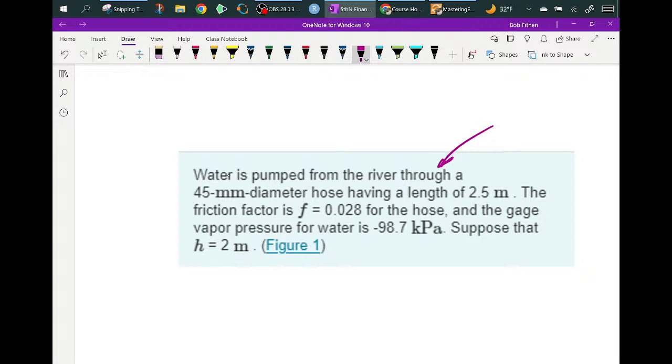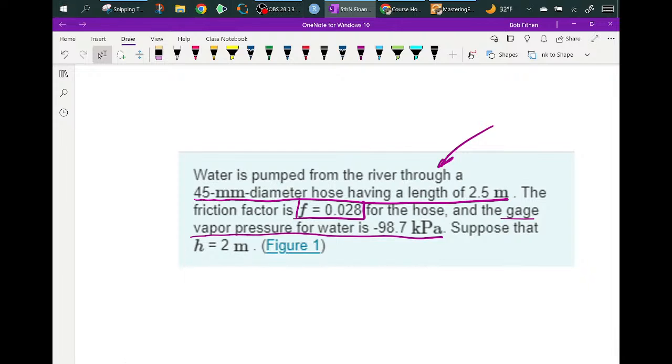It pumps through a 45 millimeter diameter hose having a length of that. It tells you what the friction factor is, so you don't have to use the Moody diagram here. And it says the gauge vapor pressure for the water is that. Now, in this one, there has to be an assumption made.